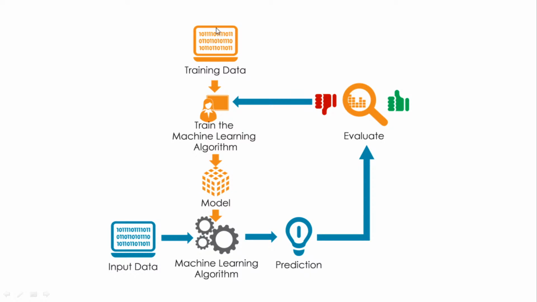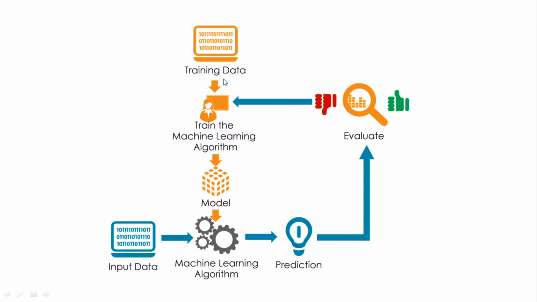For that we would need training data. Once the training data is given to the machine, it gets trained, and after it is trained, you get a model. Once you get a model, you pass it through the machine learning algorithm, and it will be ready for prediction. Once it is ready for prediction, you can evaluate it. That is how the machine learning concept works.